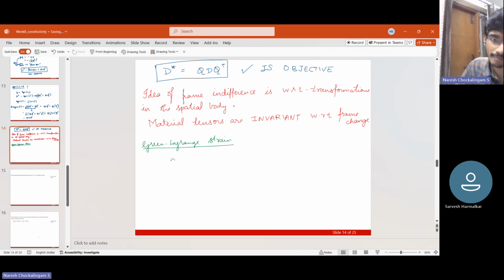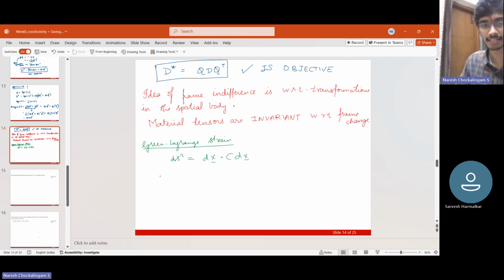It relates the change in length as ds, the infinitesimal length, as dX dot C dX. So it does not depend on any spatial quantity. It takes in two material vectors and returns a scalar. So C is a purely material tensor.